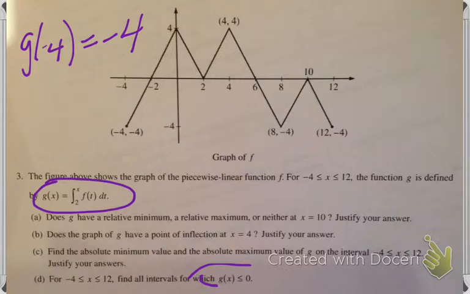So that's definitely less than 0. If we look at g of negative 2, we also did that one from the previous problem, and we got negative 8. So that's definitely less than 0. So far we have an interval going from negative 4 to negative 2.